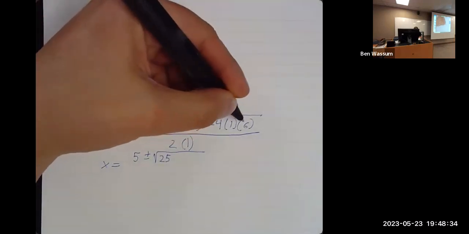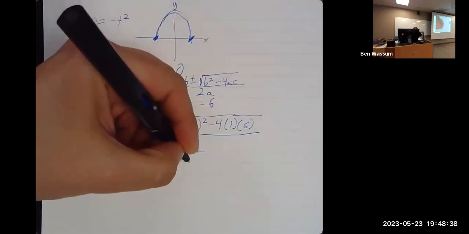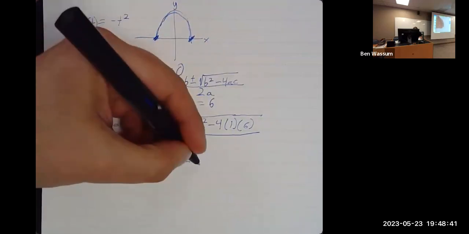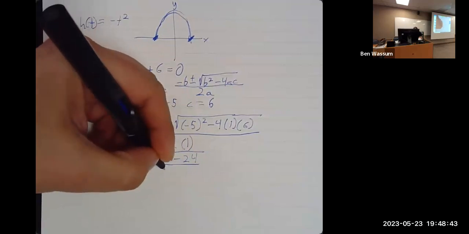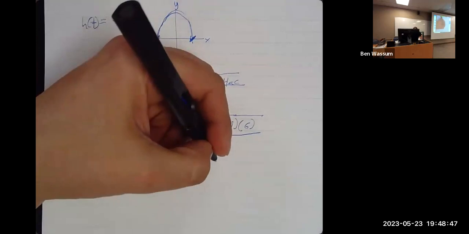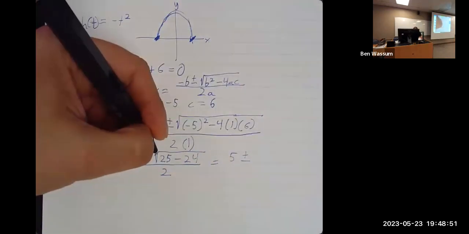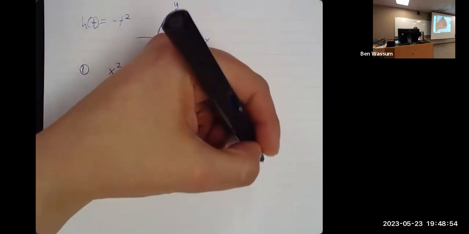Minus 4 times 1 times 6, 4 times 6 is 24. All over 2 times 1. Oh, well, this is kind of nice, right? 25 minus 24, that's a square root of 1.